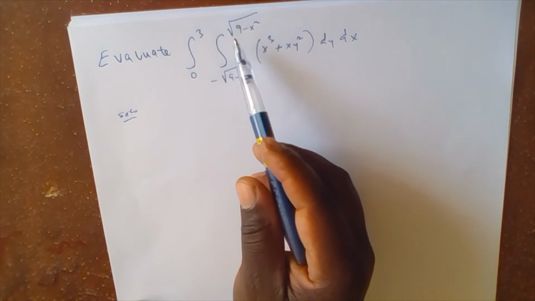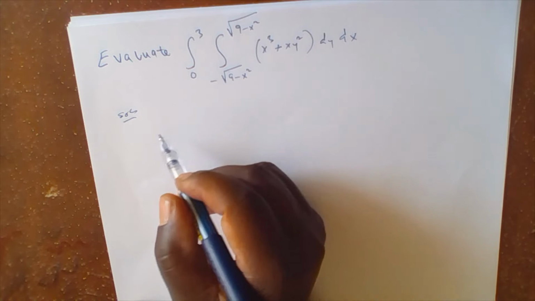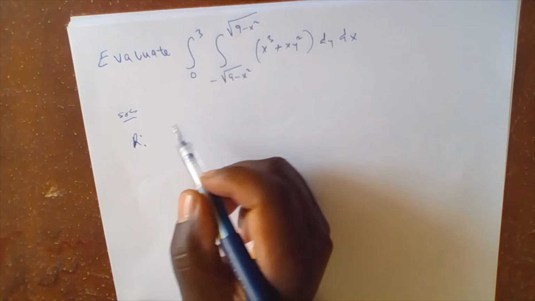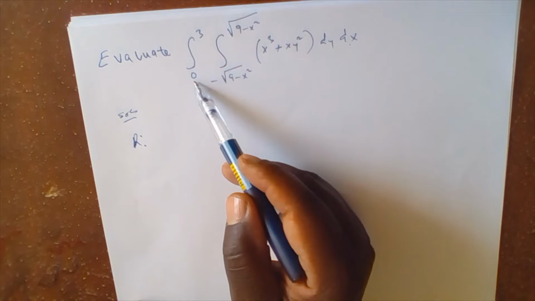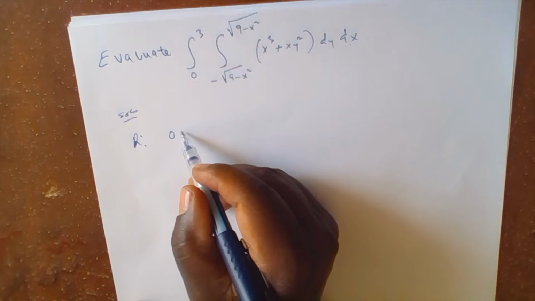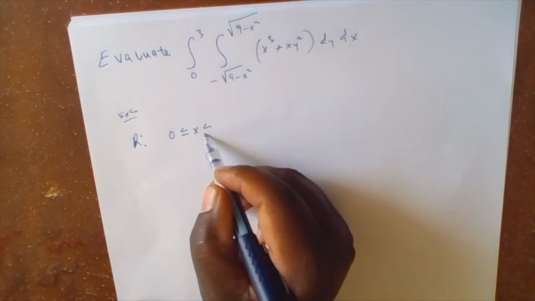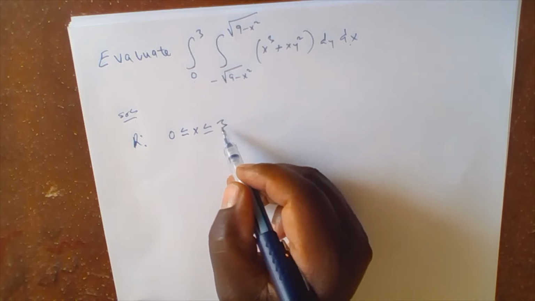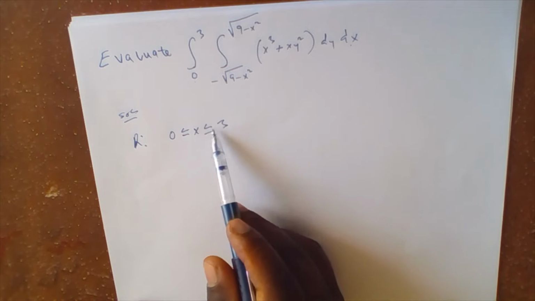But before we change it to polar form, it is sometimes also good to know the region they are talking about. For example, for x, they are from 0 to 3, so we can say that x is greater or equal to 0 and x is less or equal to 3.